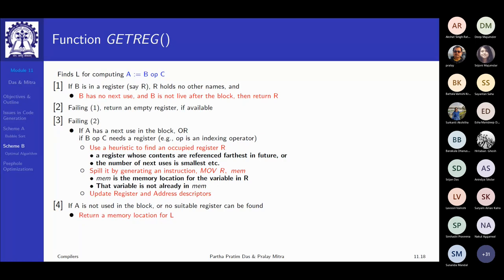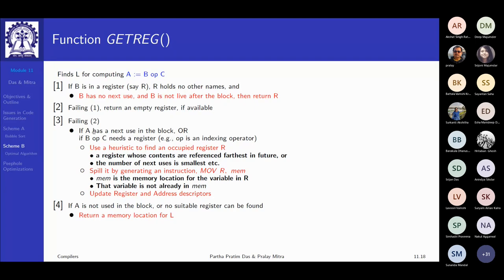Now, if there is no empty register either, what you'll have to do is necessarily a kind of spilling, right? Because everything is occupied. So you'll have to find something else.